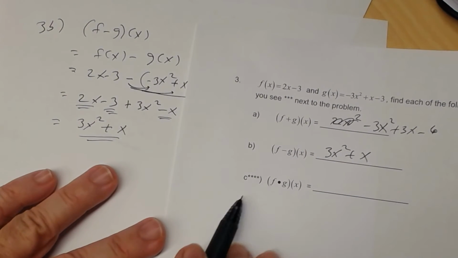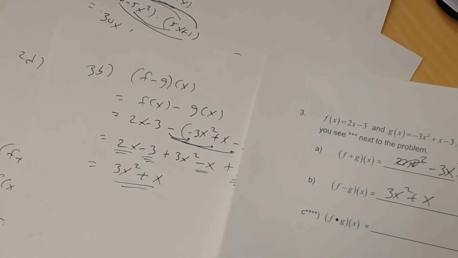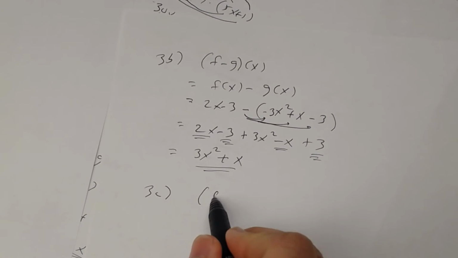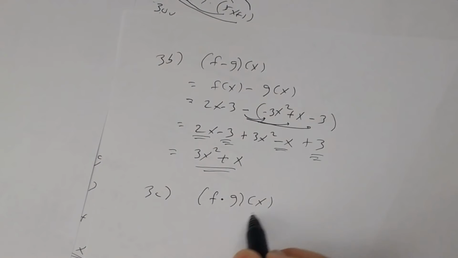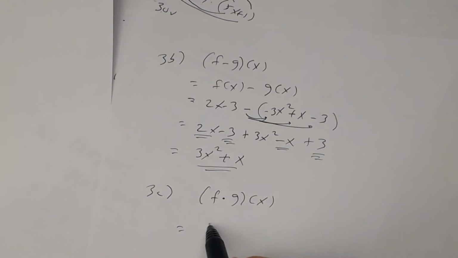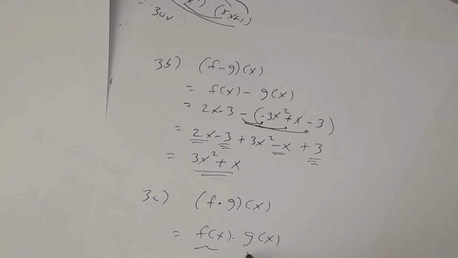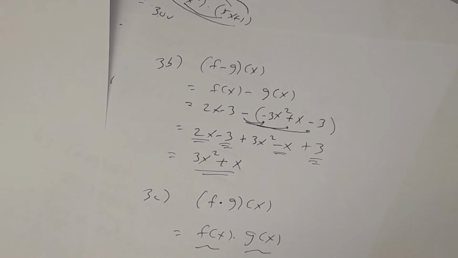All right, for c, you're multiplying those two functions. So let's just go ahead and do the work here for 3c. You want to find what f times g at x is. So f times g at x means f of x times g of x. Now remember, you're multiplying two functions, so you have to put those in parentheses.